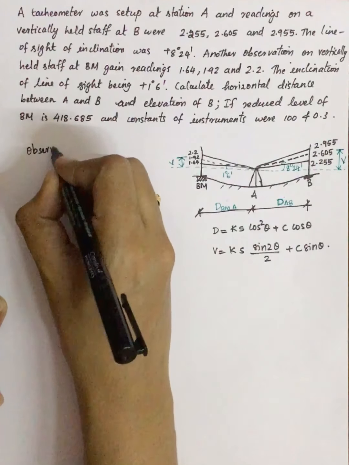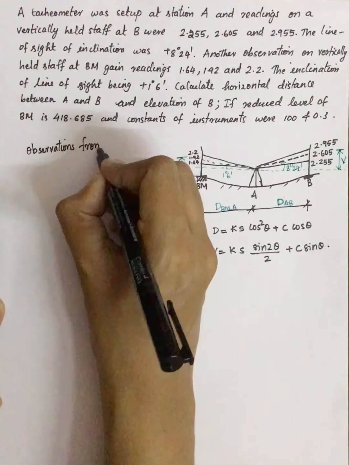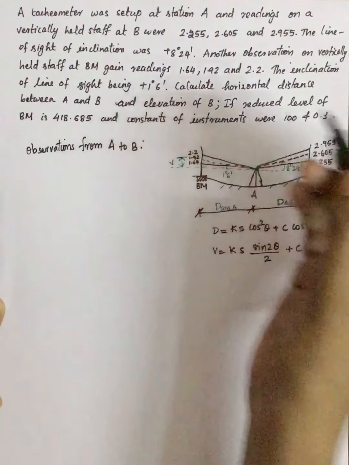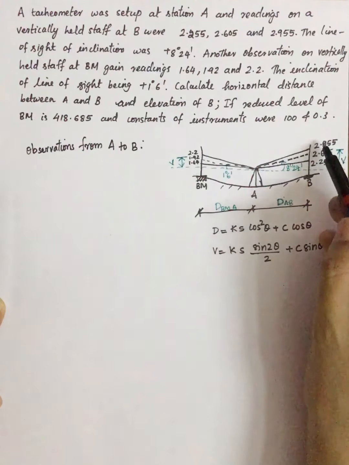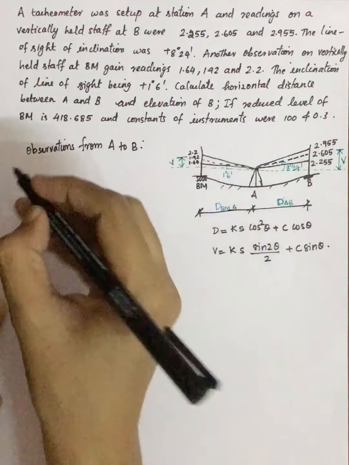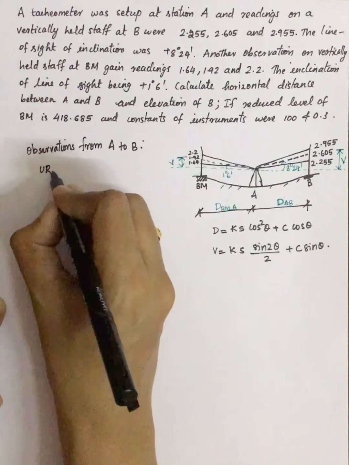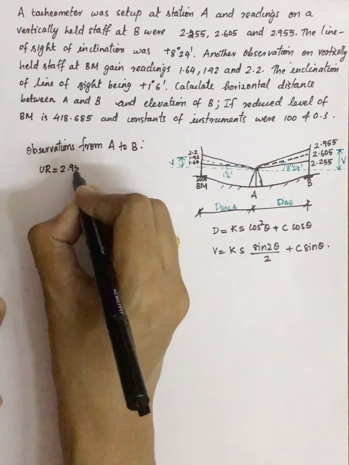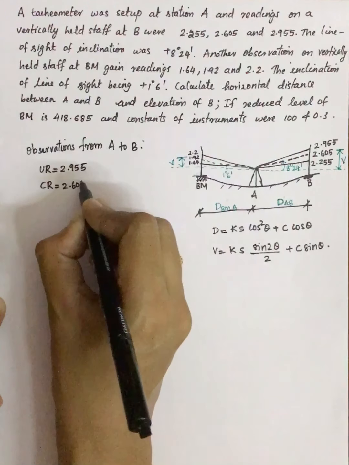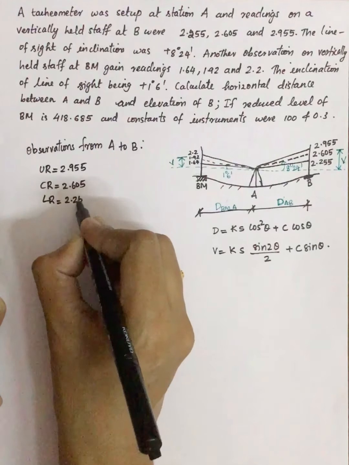Let us start with observations from A to B. From A to B, you have 3 readings, right? From these 3 readings, you can calculate the S value. The upper reading is 2.955, the central reading is 2.605, and the lower reading is 2.255.